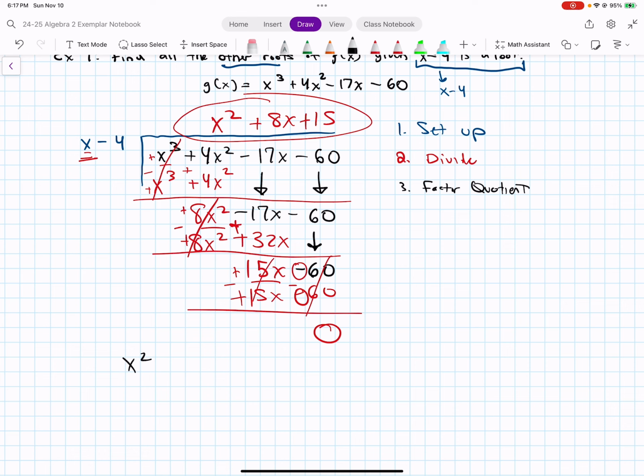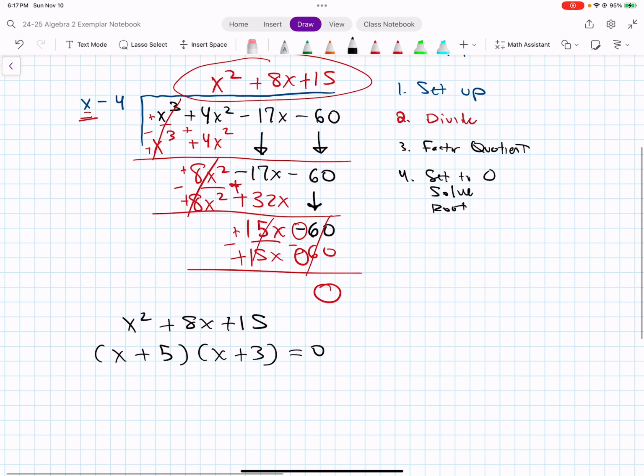And so x squared plus 8x plus 15, that is x plus 5 times x plus 3. I then go to step 4: set to 0, solve, and then identify the roots.